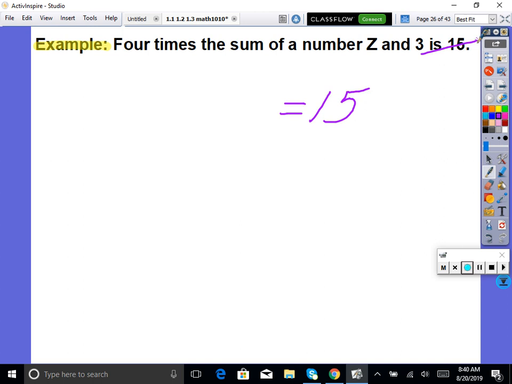So what do you think that means? Parentheses. So it's 4 times, now it says the sum of a number z and 3 is 15. So do you guys see the difference in the wording between this one and the last one? That kind of makes it a parentheses type problem. 4 times the sum of a number z and 3. So very good. Okay. So then from there you could solve however you'd like.